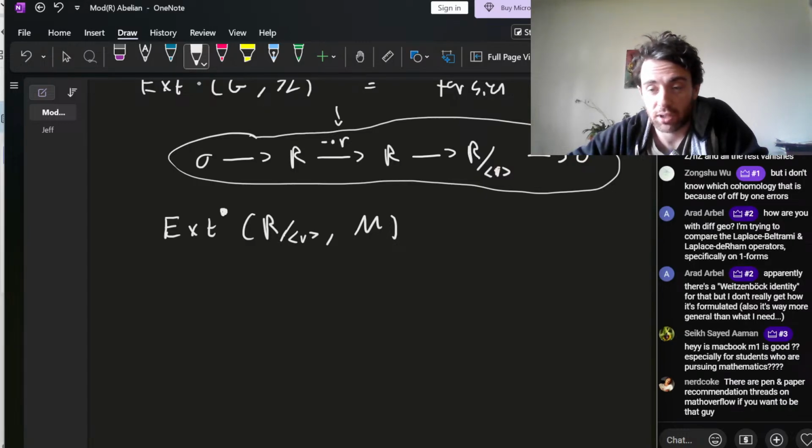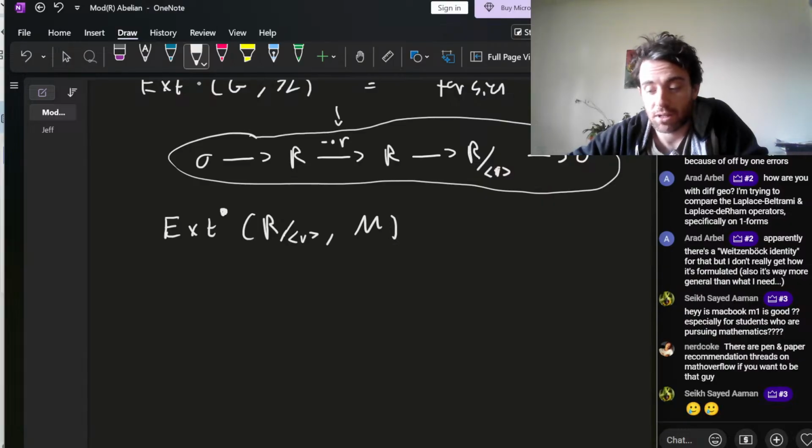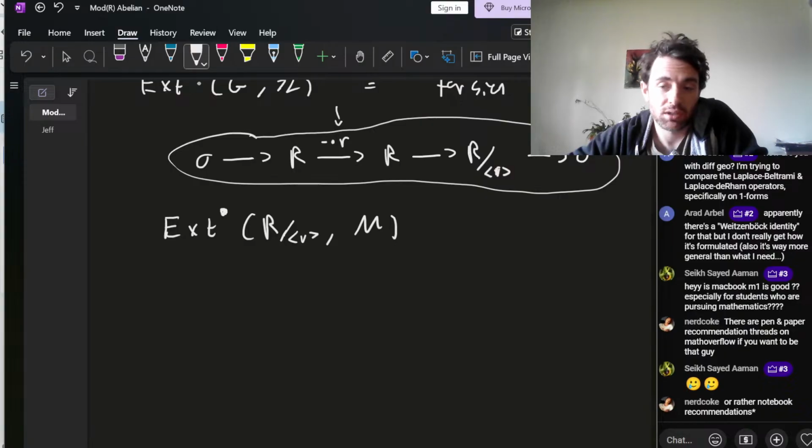So that's what I'm running now, and it seems to be good and sturdy. But there are pen and paper recommendation threads on Math Overflow if you want to be that guy.